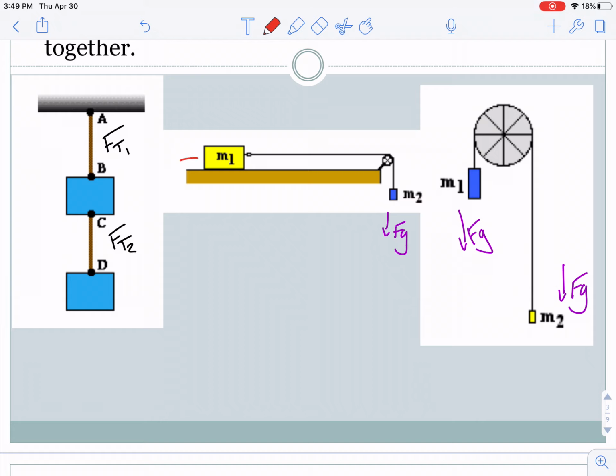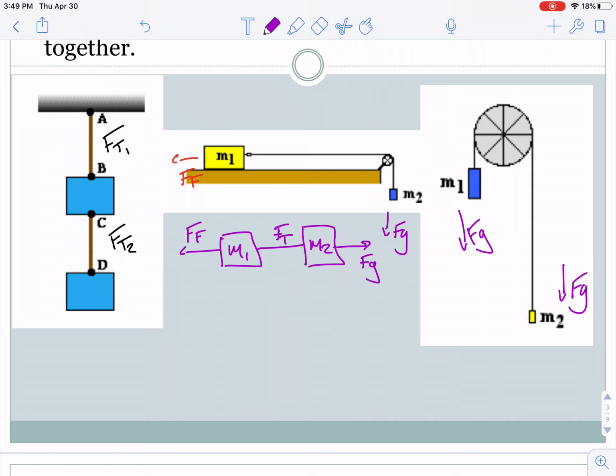So in this one, let's say this is being held back by a force of friction. First step, we're going to redraw this whole thing. Okay, so M2 and M1. M2 is being pulled by FG. There's an FT in the middle, which is the rope, and then this is being held back by FF.